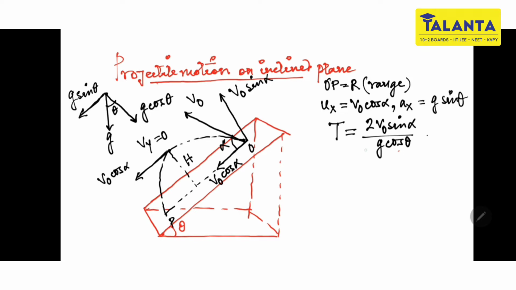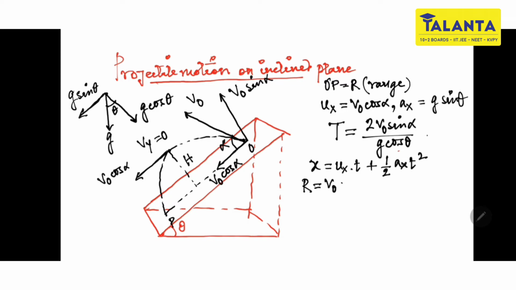Now applying the kinematic equation along x-axis, x equals to ux into t plus half into ax into t square. Now put the value of t here.